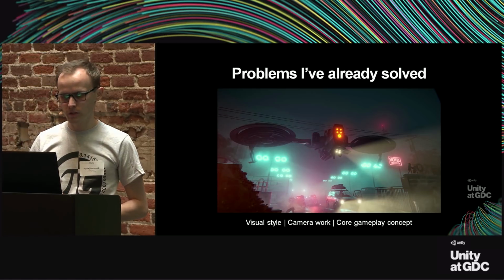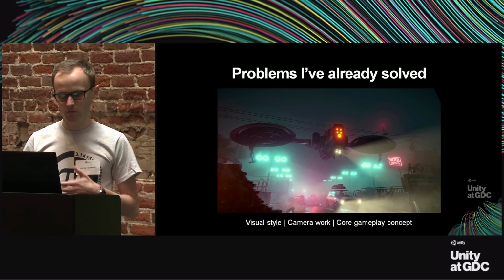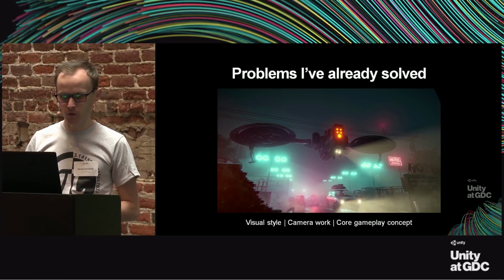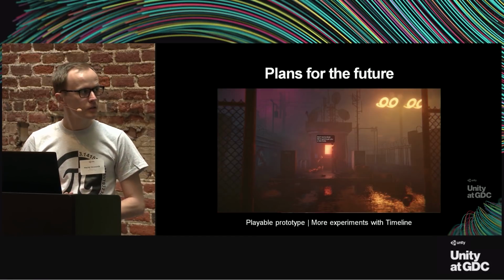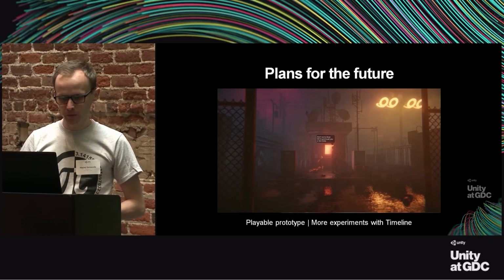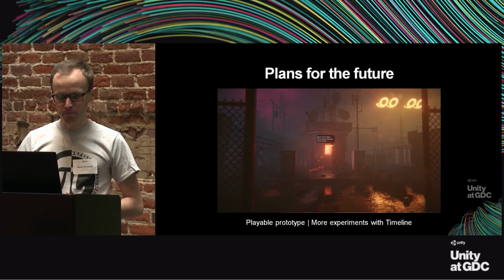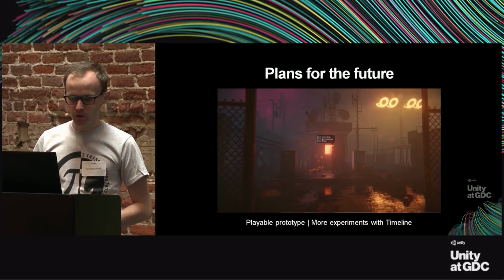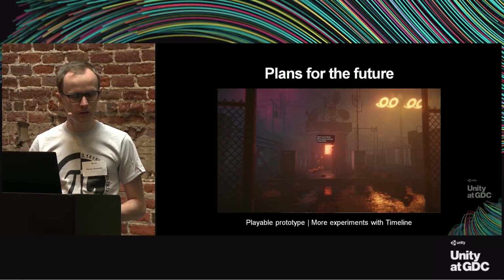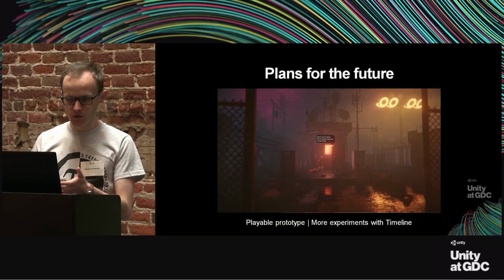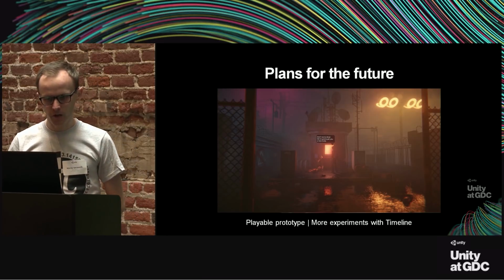And I also was able to check some core gameplay concepts in the prototype. So right now I can imagine how the game will play, how one will play the game. Obviously, I have some plans for the future. So right now I'm working on a playable prototype. I also want to create a tutorial. I was asked to create a tutorial on how to make such environments.